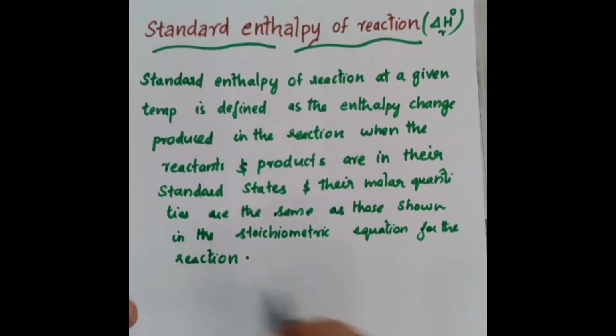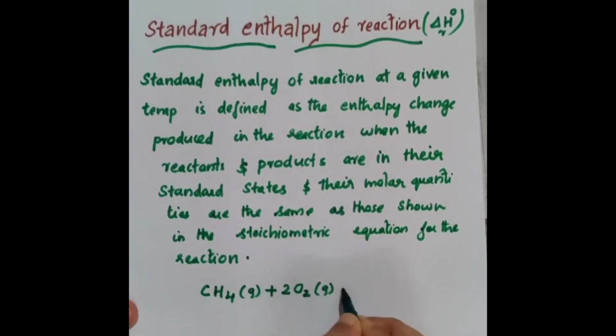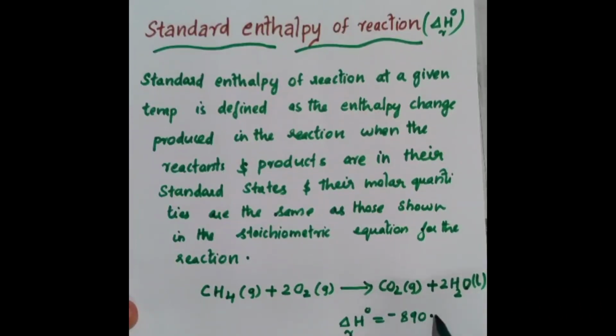Let us consider one example: CH4 gas plus 2O2 gas gives carbon dioxide gas plus 2H2O, where H2O is in liquid state. The standard enthalpy for this reaction is minus 890.35 kilojoule.